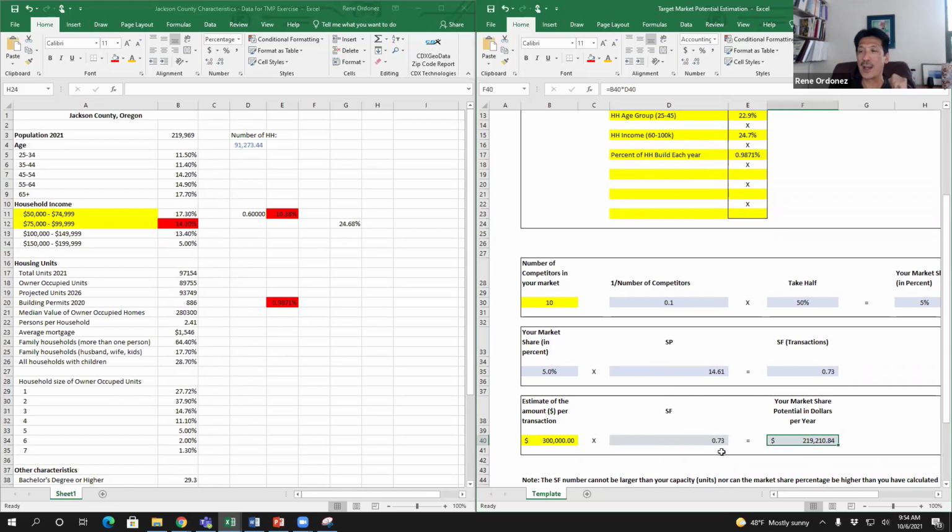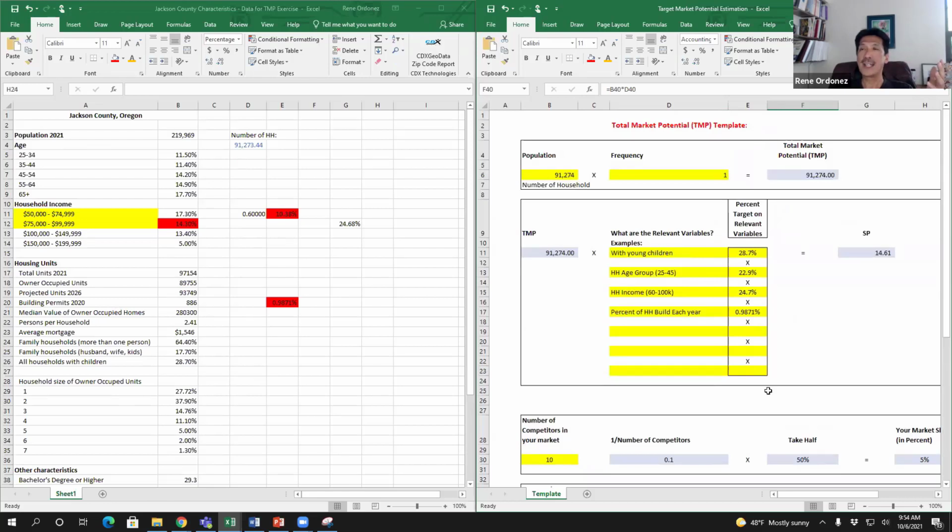When the number that you have here is too small, what is it you can adjust? And adjust it not necessarily for tweaking or manipulating the data, but rather looking at the realistic market that you are targeting.